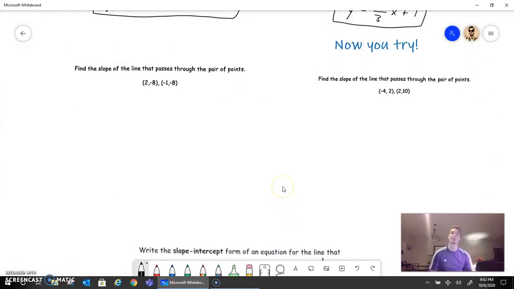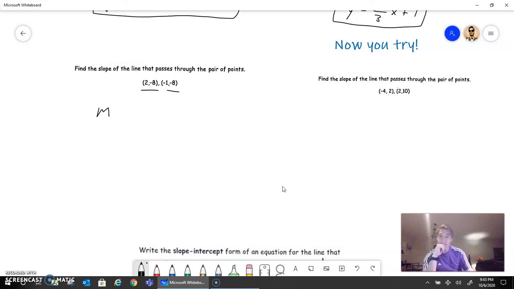It says find the slope of a line that passes through the pair of points (2, -8) and (-1, -8). When we're just given 2 points and we're looking for the slope of the line, if we're not looking for the equation of the line, it's one step.